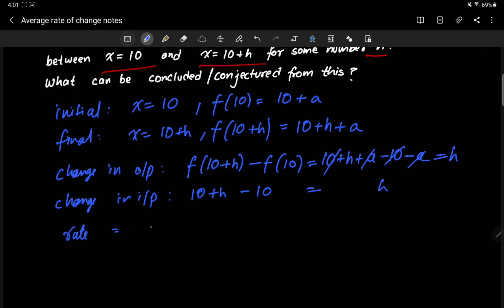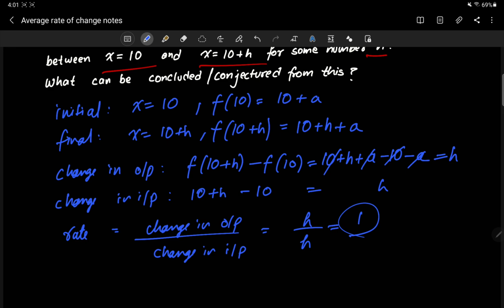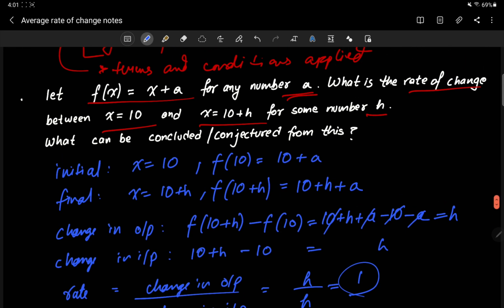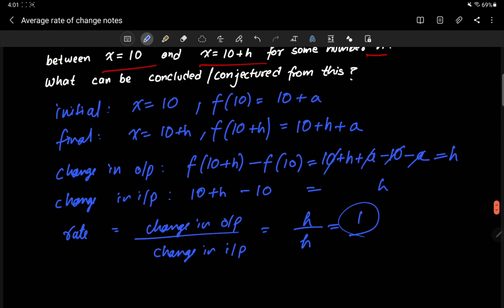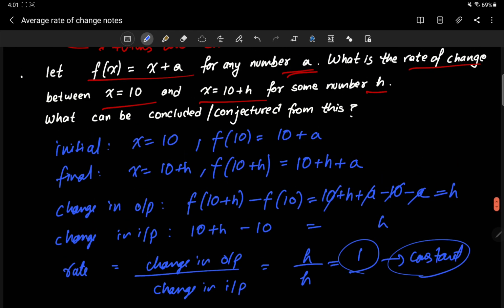So the rate, which is given by change in output over change in input, is h over h, which is 1. Right, so the rate of change is 1, it is constant. So although we have these varying parameters a and h, the rate is constant.